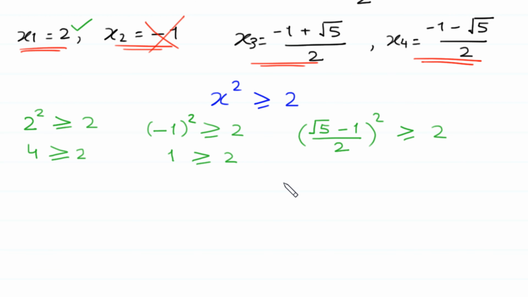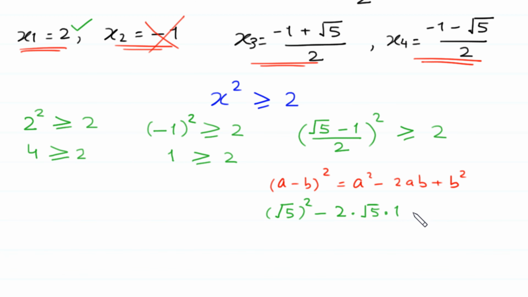Now according to the algebraic identity, a minus b whole square is equal to a square minus 2ab plus b square. So square root of 5 minus 1 whole square is equal to square root of 5 square minus 2 times square root of 5 times 1 plus 1 square, divided by the square of this 2, which is 4, is greater than or equal to 2.